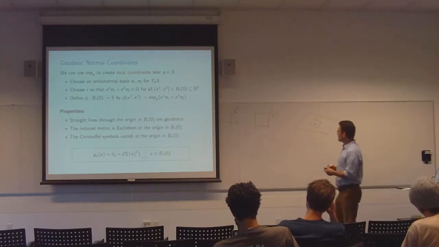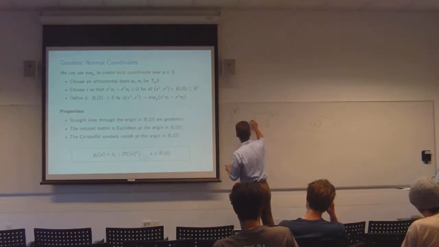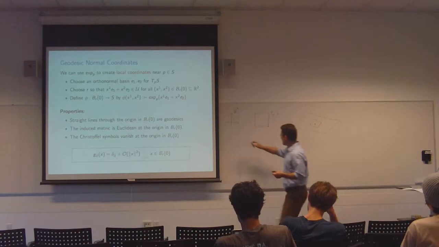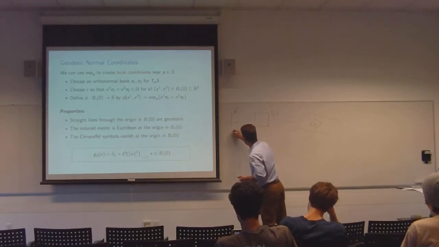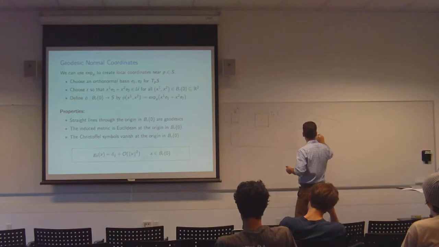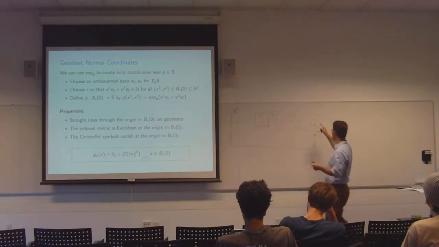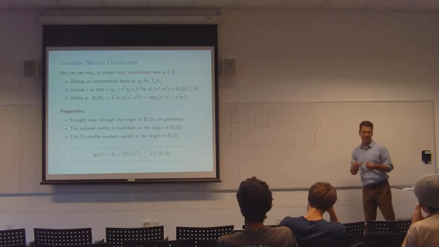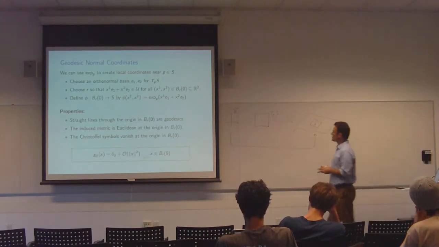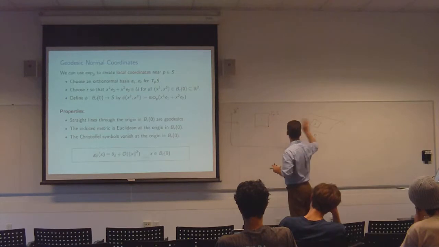Okay, how do I get coordinates? Well, what I need to do is somehow map from R2. What I need for a parametrization is I need to map from R2 directly into the surface. Okay, right, so I'm almost there. I have a mapping from the tangent plane into the surface using the exponential map.